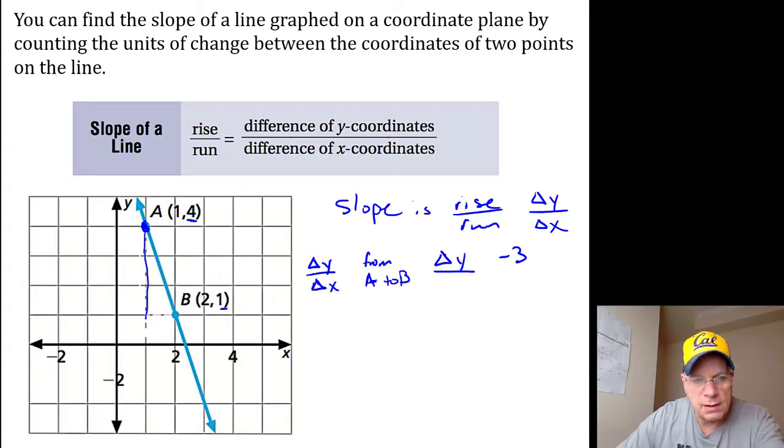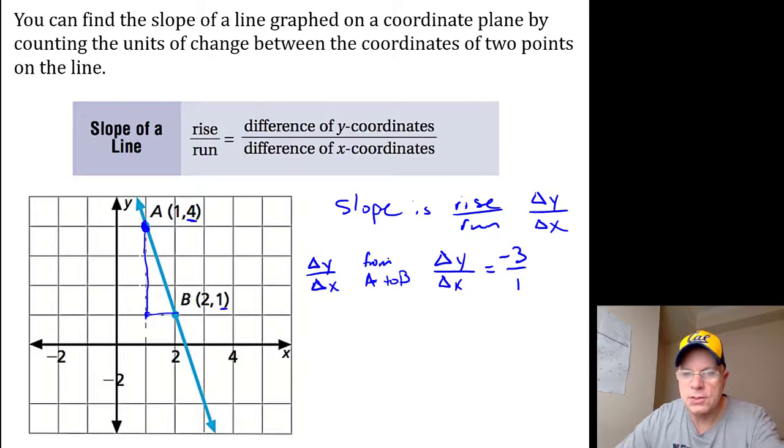From this point right here, I move 1 to the right. So the delta x is positive 1. So the slope from point A to point B, the slope of this line, would be negative 3 over 1, which would just be negative 3.